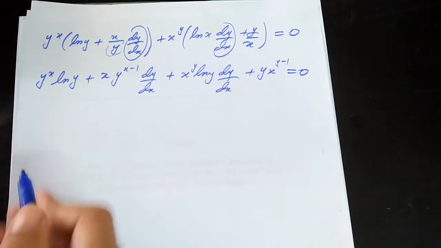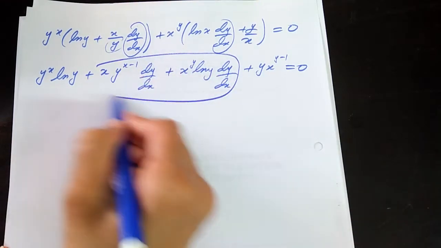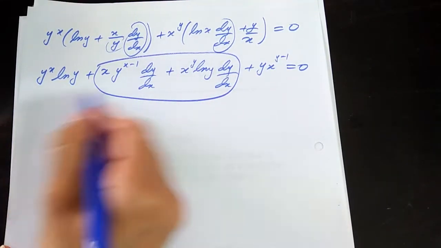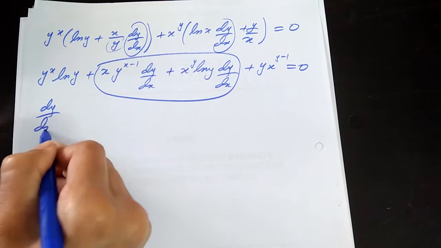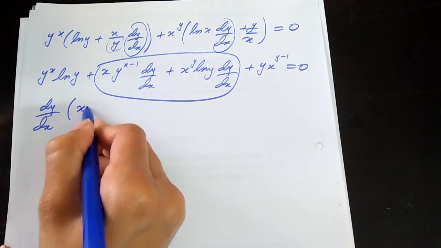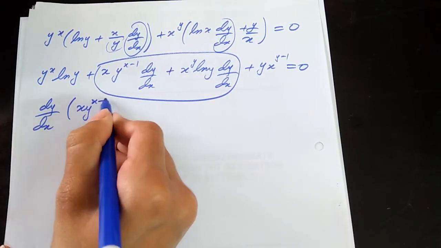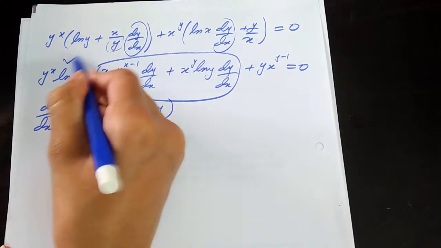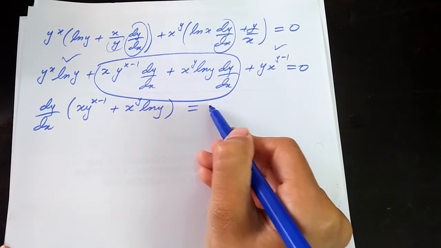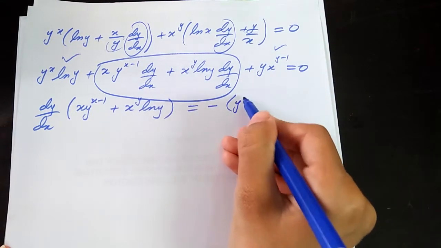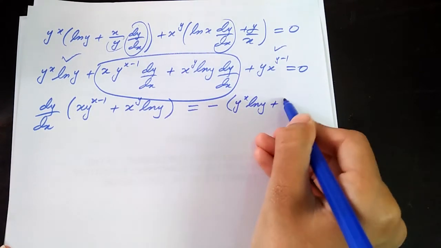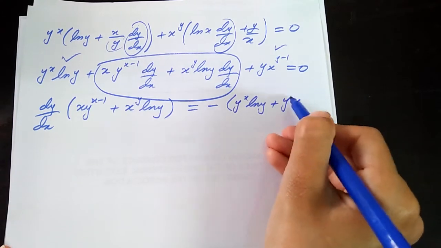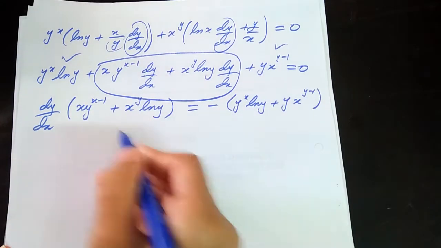equals 0. Now consider this as 1 and take dy by dx common from it. Dy by dx times x minus 1 plus x raised to power y ln of y. Move the other two functions to the right side. This will be negative times y raised to power x ln of y plus y into x raised to power y minus 1.